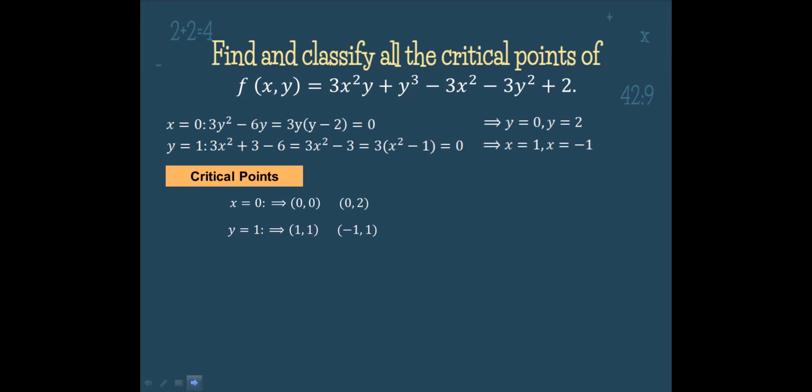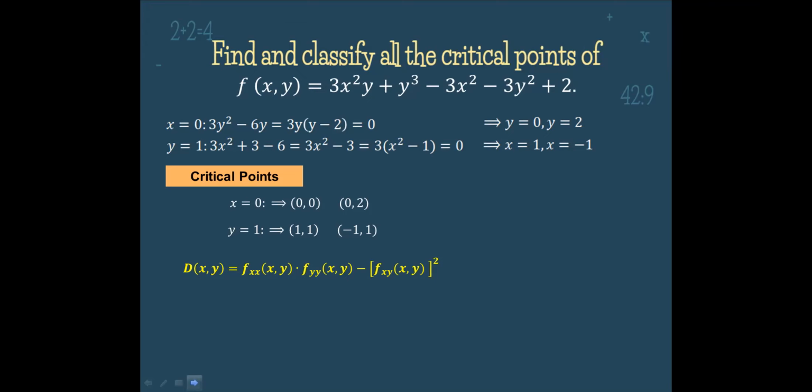And to do this, we'll need the general formula for D. Okay, again, our D is simply equivalent to the second order partial derivative of f with respect to x times the second order partial derivative of f with respect to y, minus the square of the mixed second order partial derivative xy.